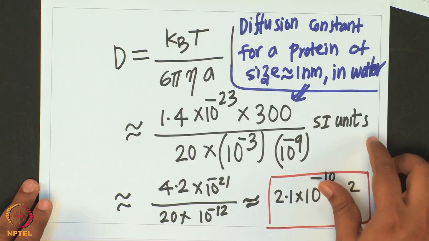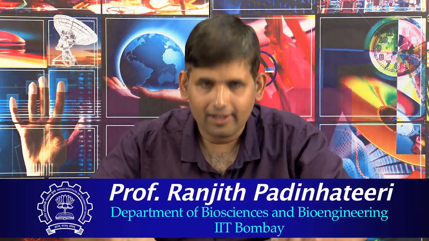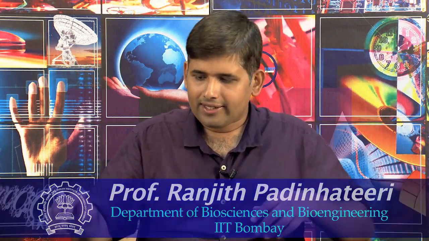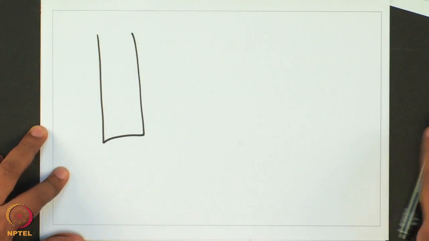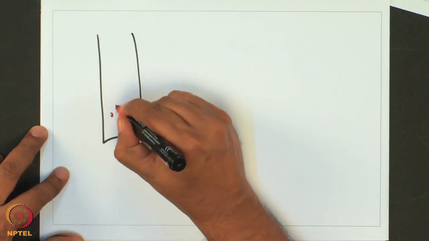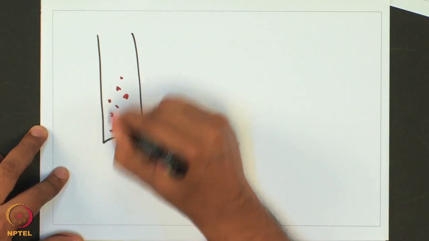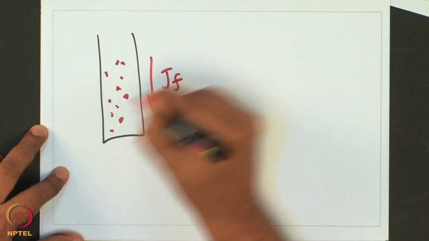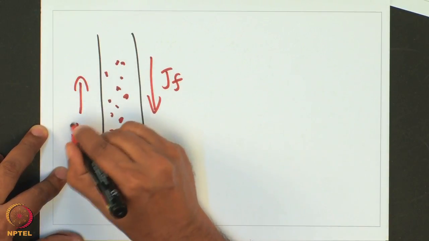To summarize what we learned: one can very easily derive Einstein's relation by considering protein molecules in water. They will come down due to the external force, there will be a flow, and they will go up due to diffusion.